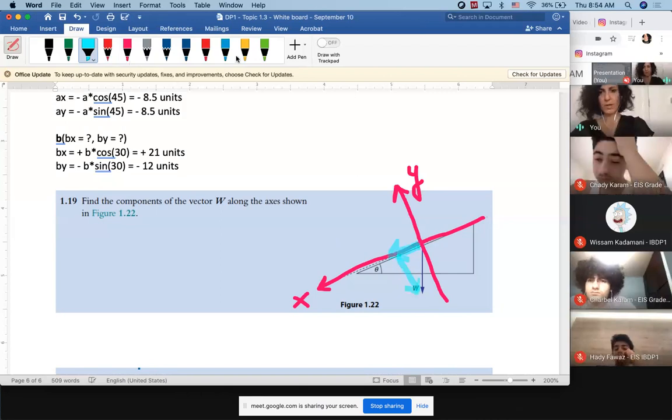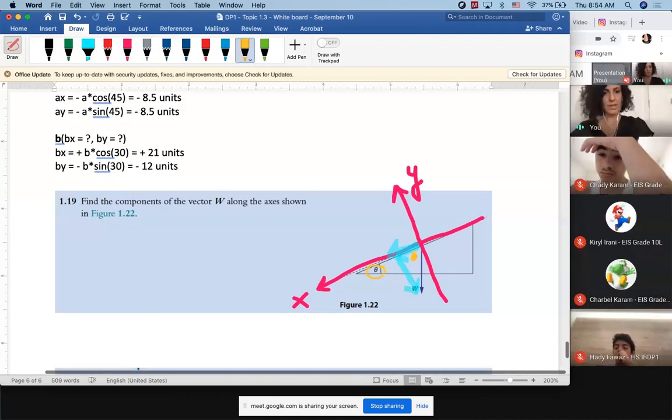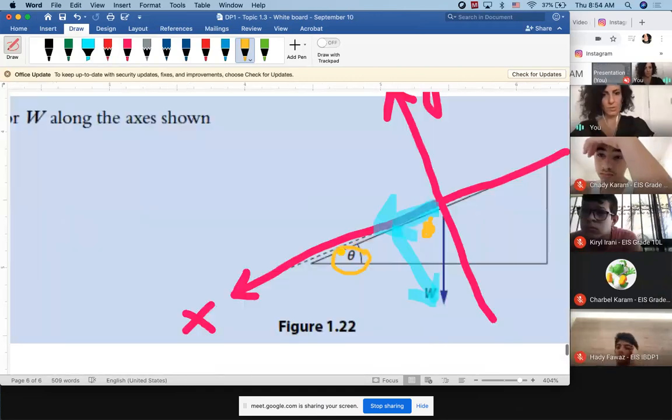Now concerning the angle that is here, is it equal to theta or not? I can see that it's equal to the complementary of theta, isn't it? Let me try to show you. So you see this triangle and you have a 90 degrees. Is Tony with me?